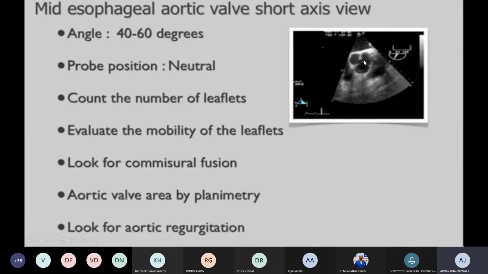And here we have to see the detailed anatomy of the three cusps, that is non-coronary cusp, left coronary cusp and right coronary cusp, whether there is any prolapse, rupture, non-coaptation of the valve leaflets, any calcification of the valve leaflets and mobility of the leaflets, and look for the aortic regurgitation by putting the color flow Doppler. The aortic valve area can be measured by planimetry, though it is not as accurate as the continuity equation.